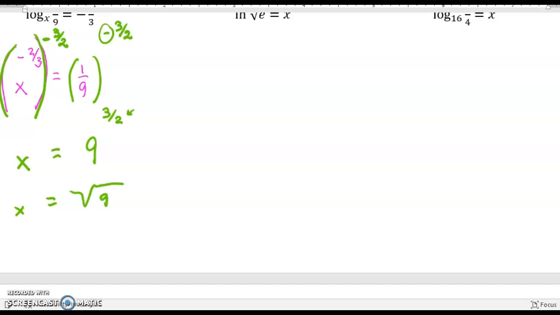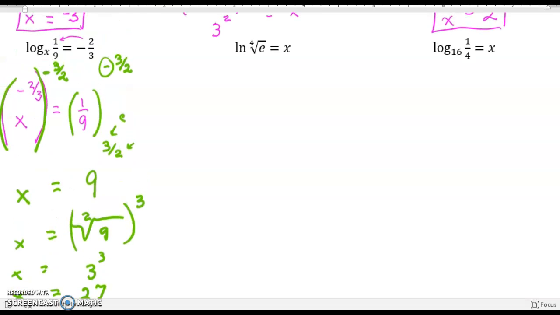So that would be the square root of 9, and whatever I get, I would cube it. The square root of 9 is 3, and 3 cubed is 27. So the final answer is 27. Or you can put that in a calculator.